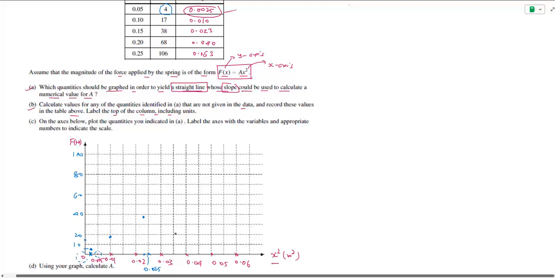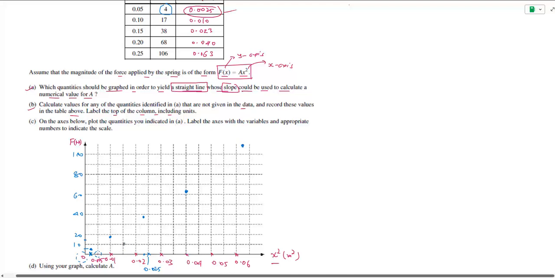Next value is 0.04 and the value is 64, so it is somewhere here. Then we have 0.063, and the corresponding value is 106, so it has to be more than 100, and it is somewhere here.